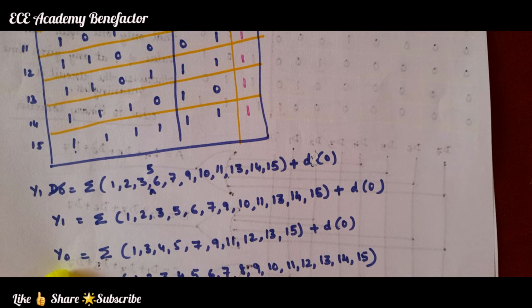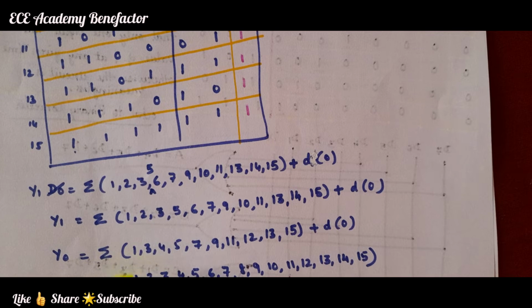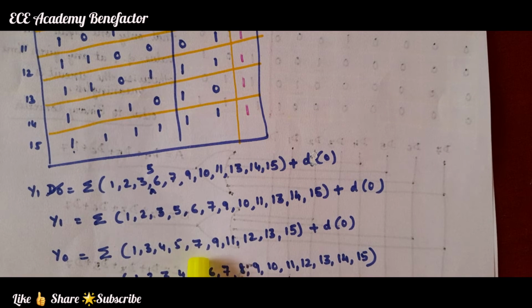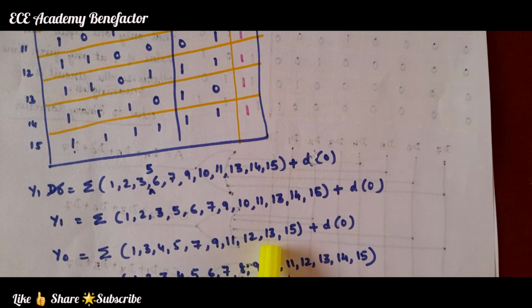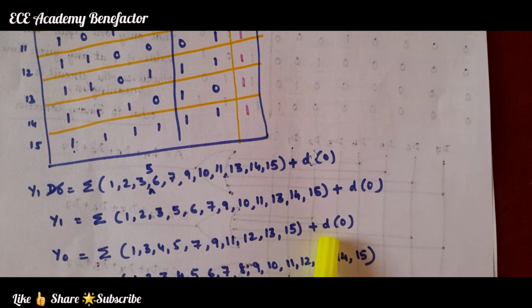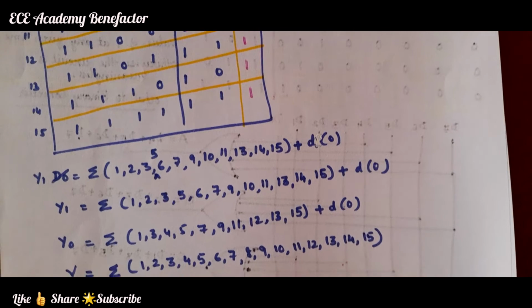Likewise, I have listed the minterms for Y0 where they are 1. It is 1, 3, 4, 5, 7, 9, 11, 12, 13, 15 and one don't care at 0.